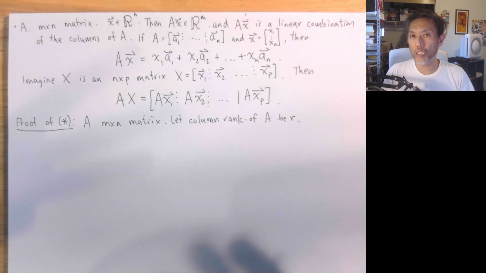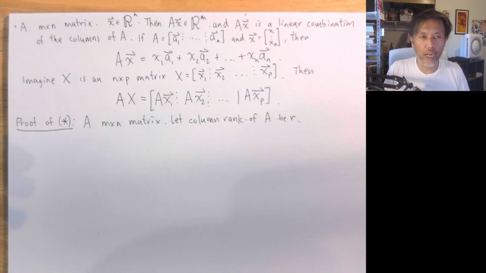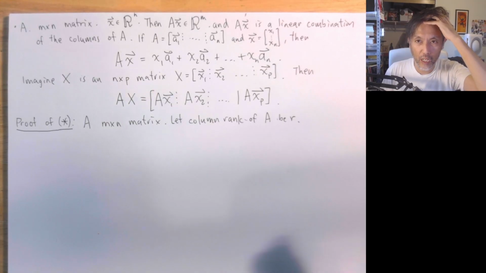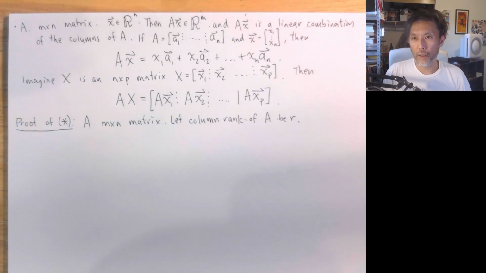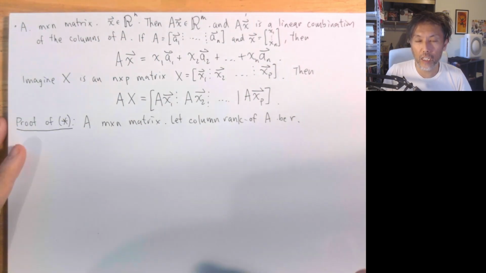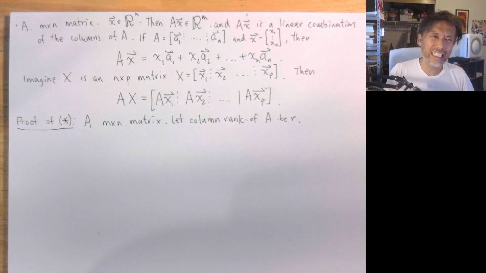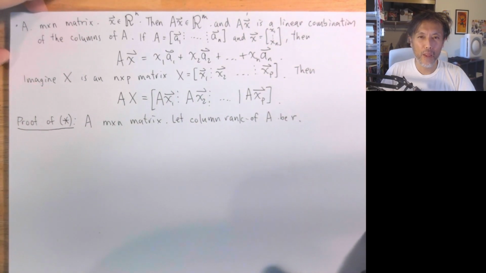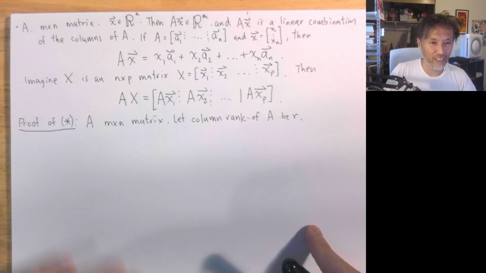I haven't talked about how to compute the column space or even a basis for the column space. But the column space exists, as you can imagine. It's just the span of the columns. And maybe I didn't say out loud, but every vector space has a basis, okay? We're just going to take that as a fact.